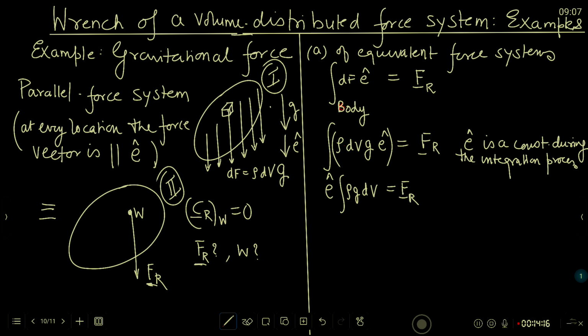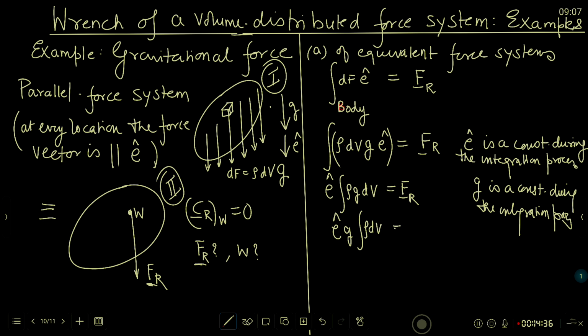Indeed, g is also a constant, and thus I will pull that also out. I get g times the integral of rho dV equals Fr.